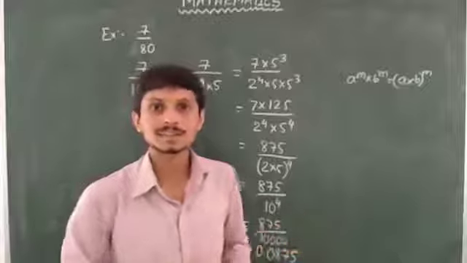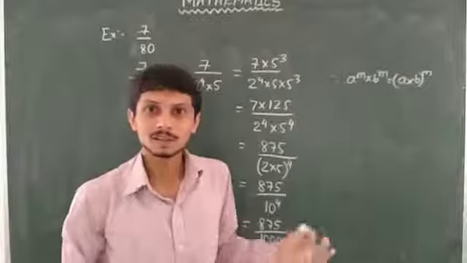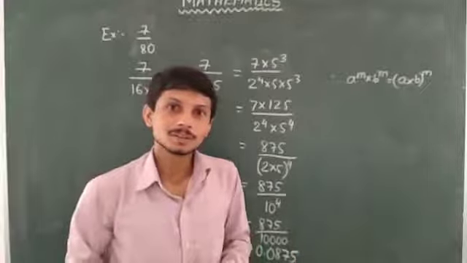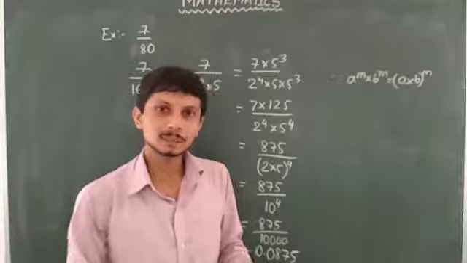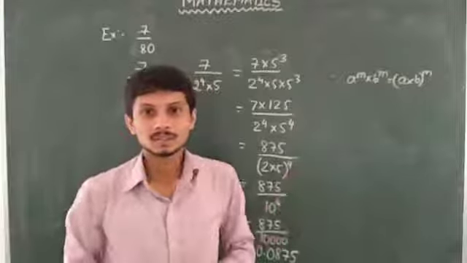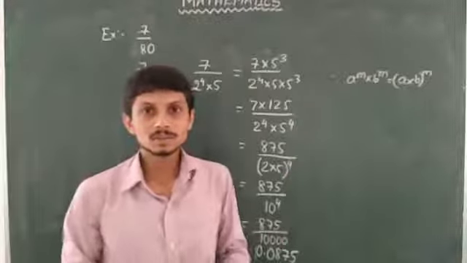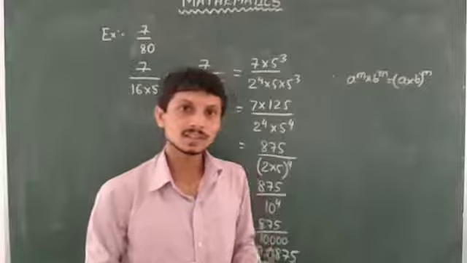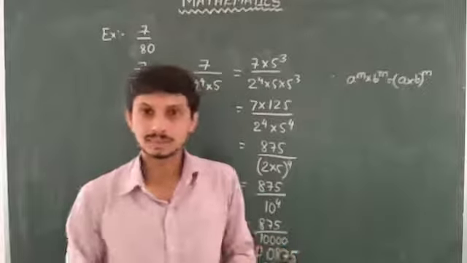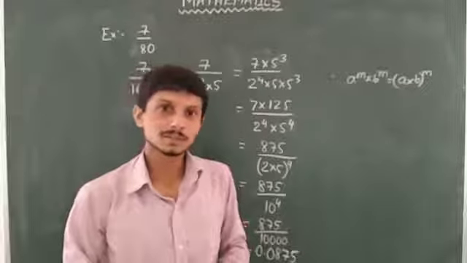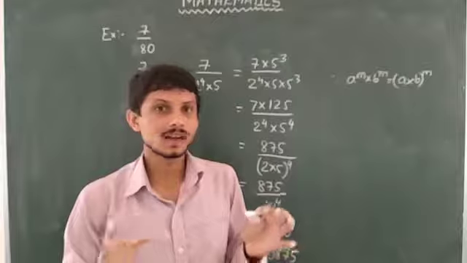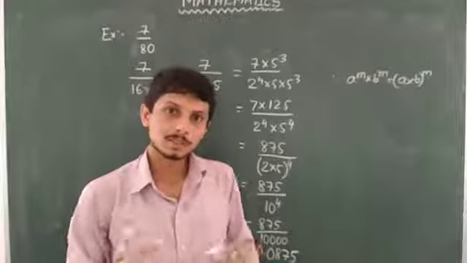So by this, I have told some methods in this video. Let us take other examples to solve these problems. This is the concluding part of real numbers. I hope you understand all the concepts about real numbers.